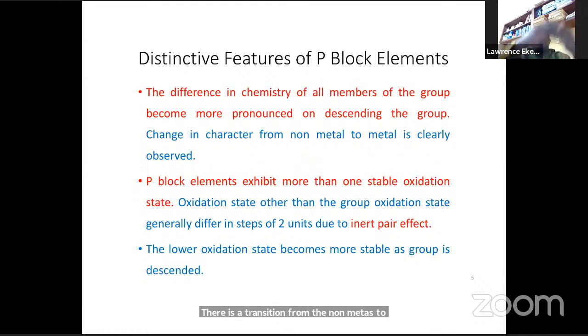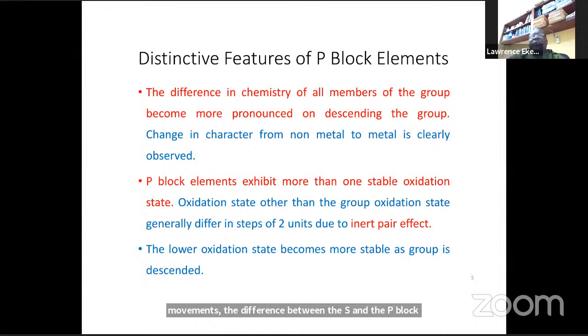As you move from the top of the table to the bottom, in each group, there is a transition from the non-metals to the metalloids. What characterizes this difference is the movement between the S and the P block, you have the transition elements in between. And that has caused a variation in the characteristics of the P block elements.